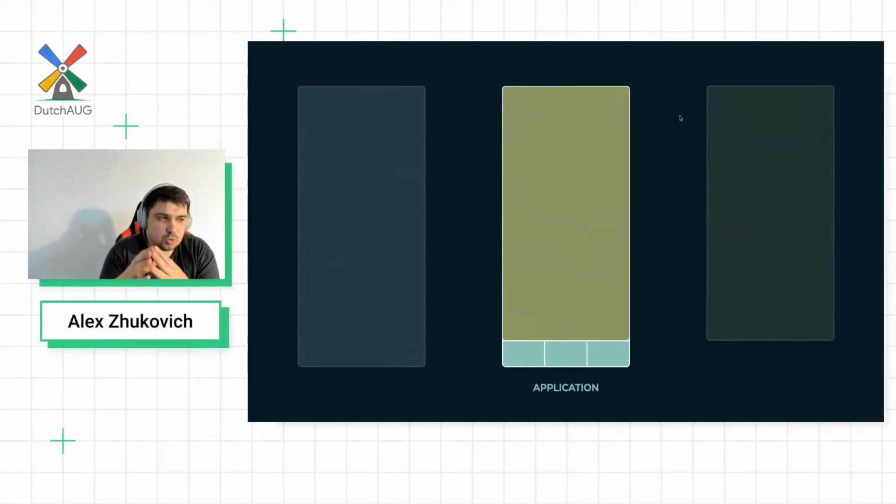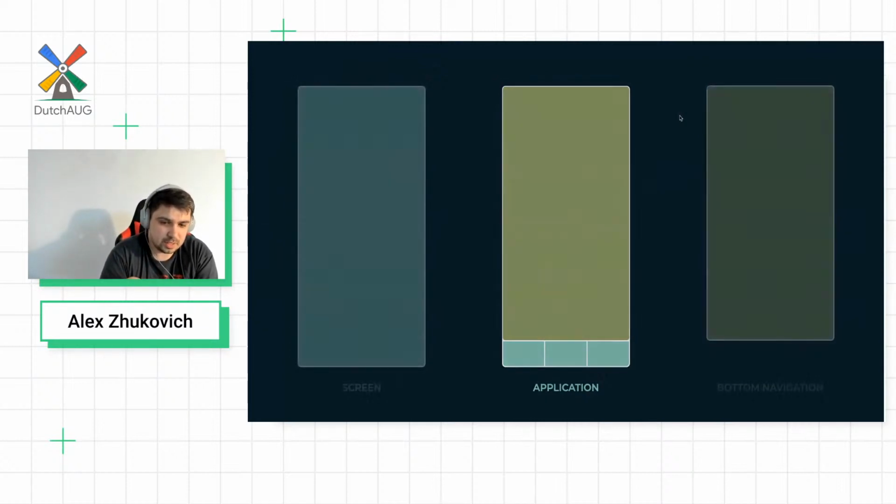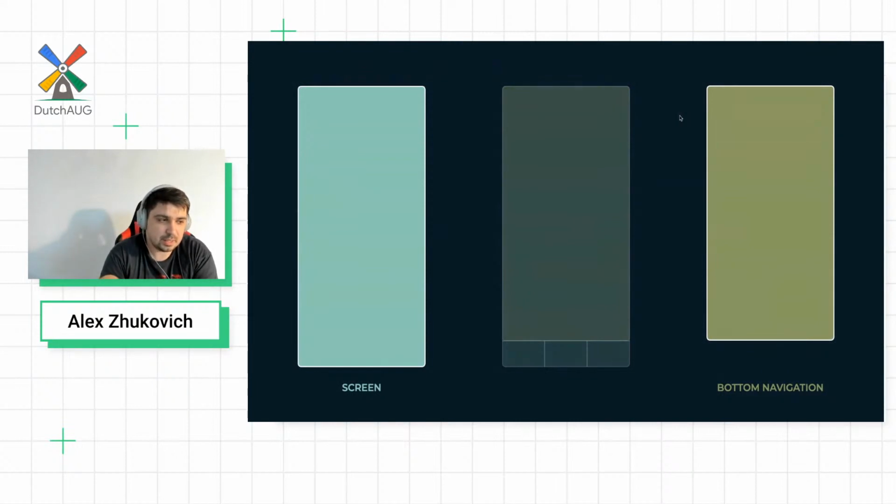The thing which is pretty important to understand with Jetpack Compose is how different containers influence our navigation. We can have a pretty similar application with a screen plus bottom navigation, and we can have the nav host, as in my application, on different layers. One is on the screen layer, and it allows us to move from screen to screen, and it will be a completely full screen, not inside of the bottom navigation.